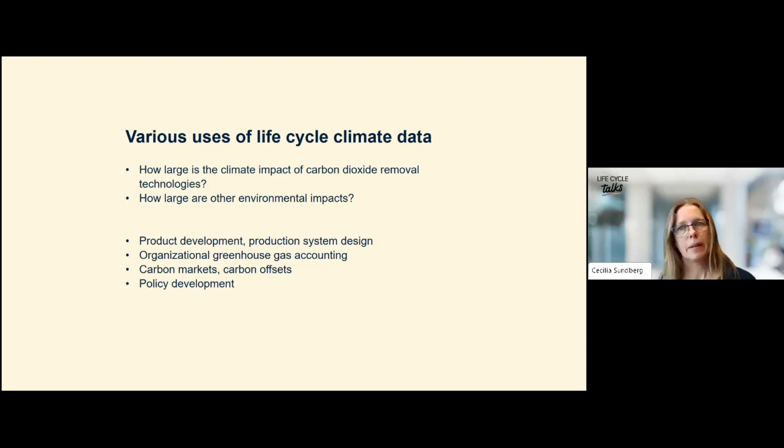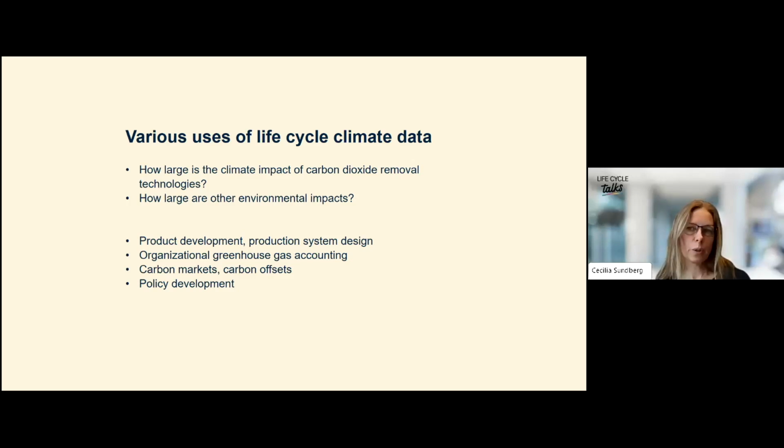And there, the possibility to use this as carbon offsets is of interest. And of course, you want to have a good value on the actual climate impacts for that.